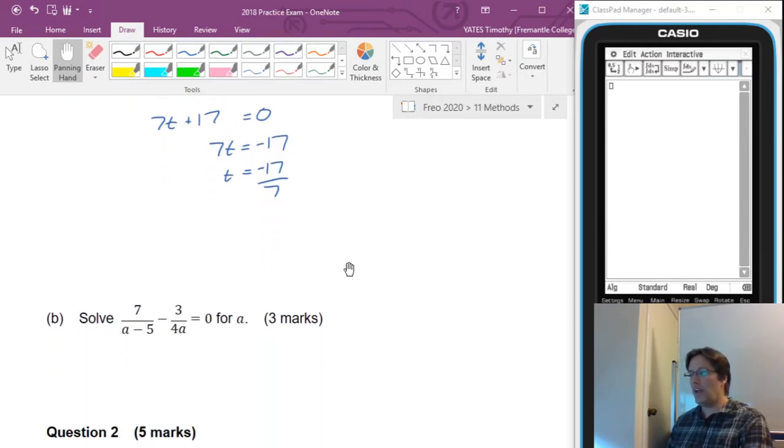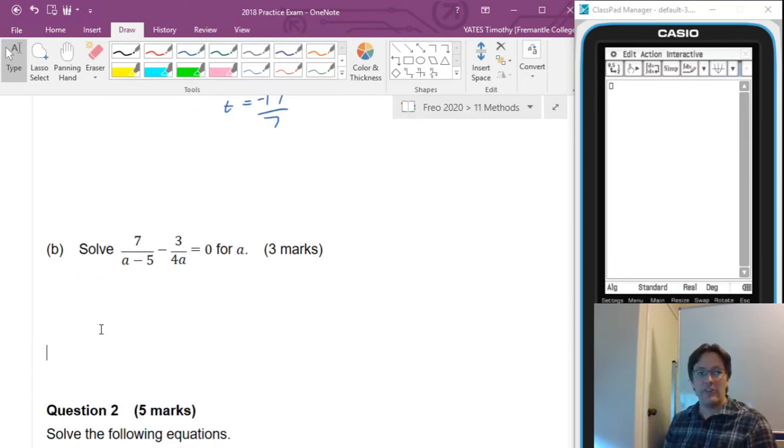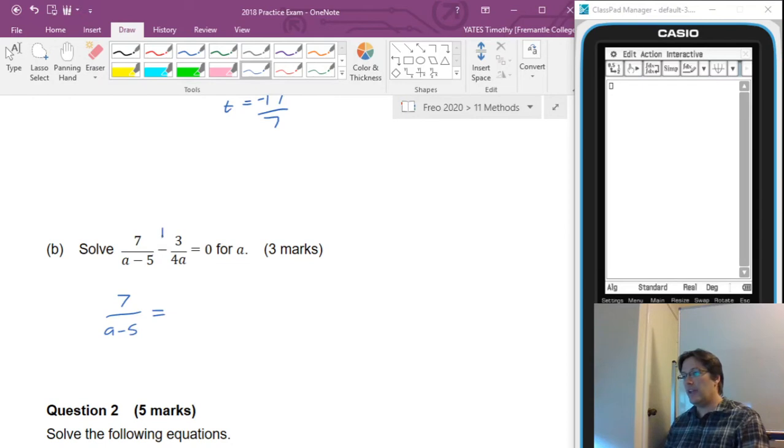So let's have a look at this one. This one's a little bit tougher because we've got to do some rearranging. Now, when we've got fractions like this, it's always good to rearrange this so that we've got a take 5 on one side, and this is a negative here, so I'm going to put 3 over 4a on the other side.